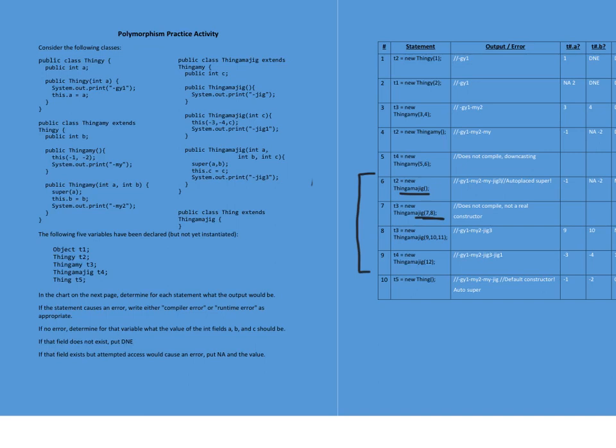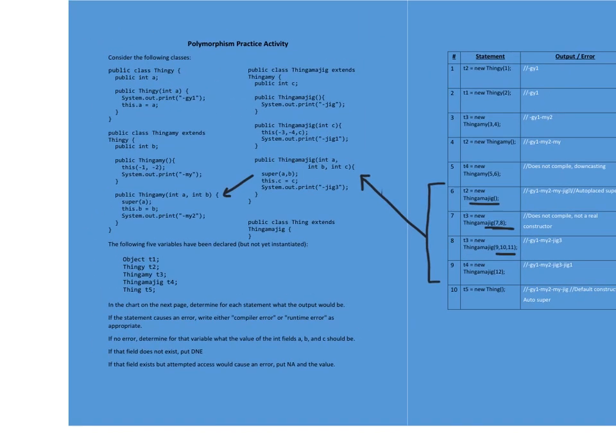Let's look at number 8. So number 8 calls thingamajig with 3 arguments, so that's going to come right over here. The 3 arguments constructor calls the superclass 2-arg constructor, so that's going to come this way. And then the pattern is going to be very similar to what we've seen previously.